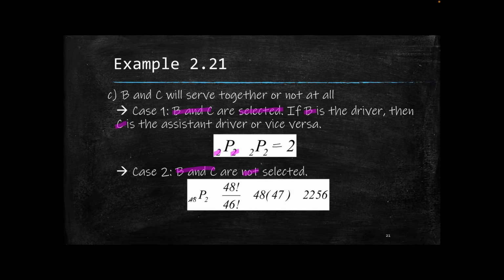Then R is still equals to 2 because we want to select driver dengan assistant. So 48 factorial divided by 46 factorial, we will get 2256. So in total, we have 2 plus 2256 equals to 2258. Alright.